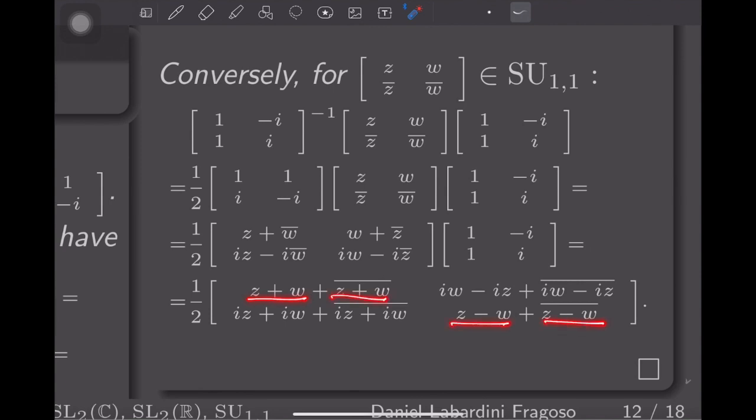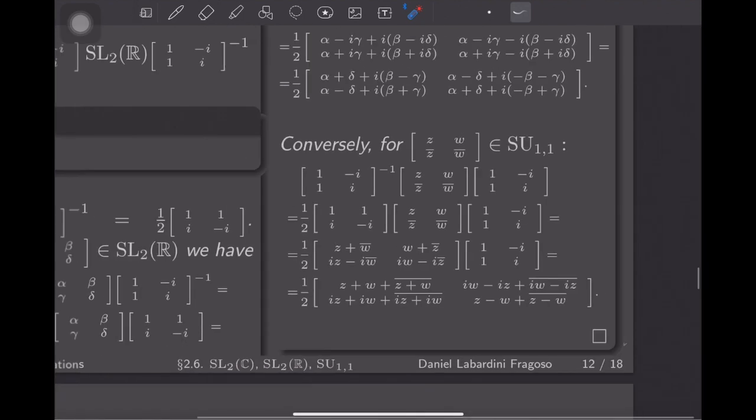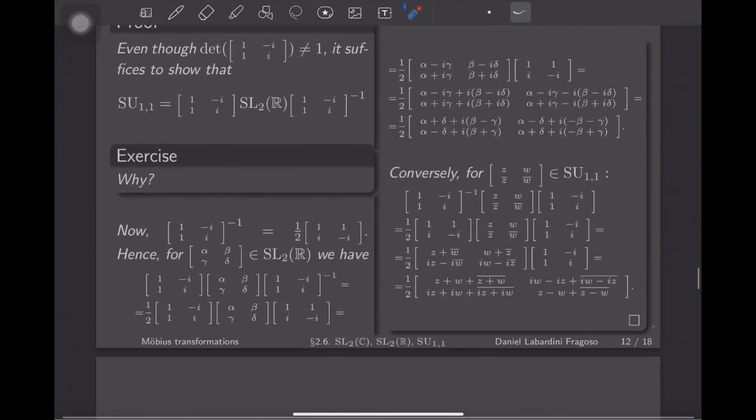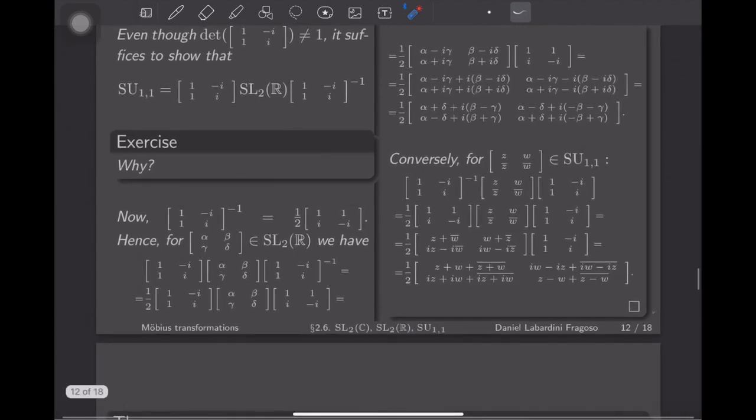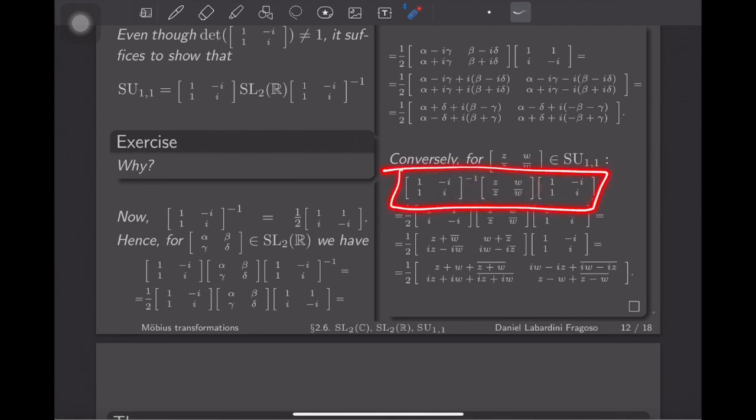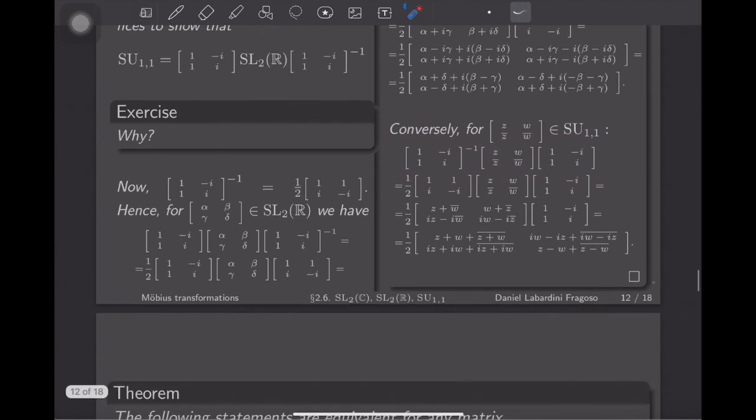This plus its conjugate is a real number. This plus its conjugate is a real number. This plus its conjugate is a real number. Right? And then the determinant was always 1. When I conjugated here, the determinant remains 1. So the result is in SL2R.